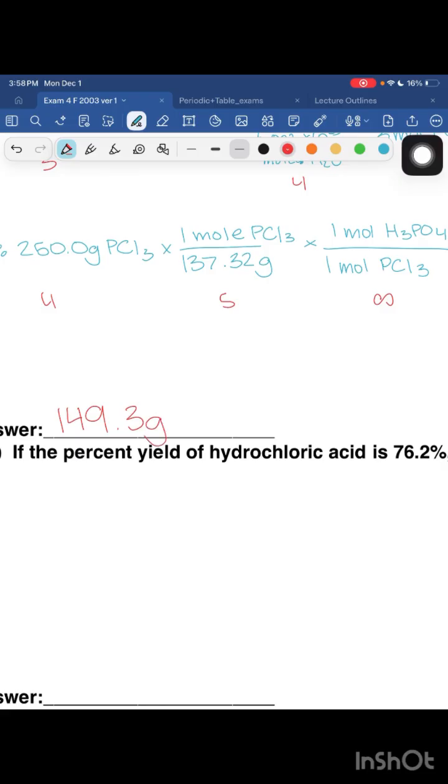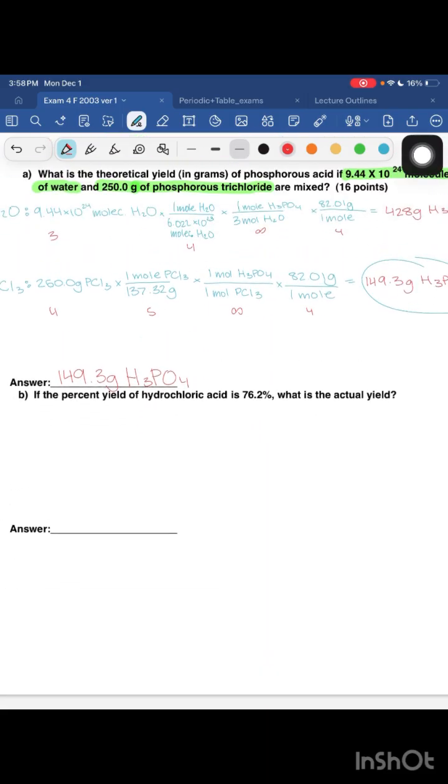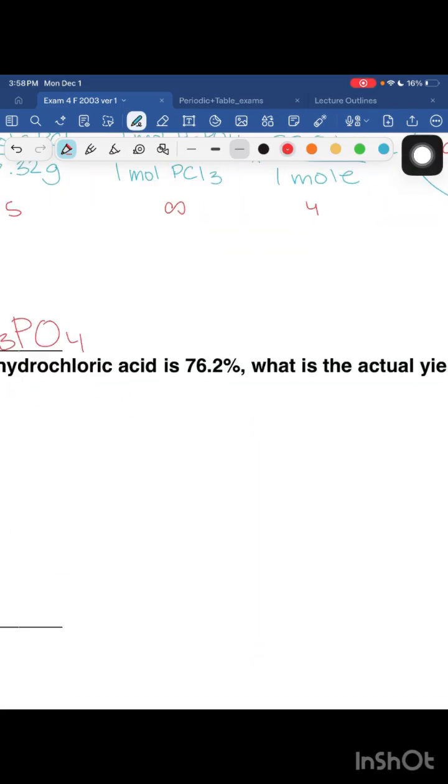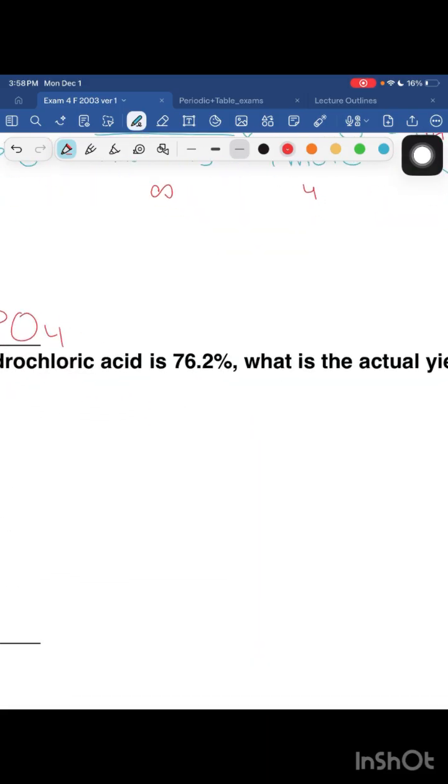149.3 grams of H3PO4. For the next one, it says if the percent yield is 76.2%, what is the actual yield? We're gonna take this and turn it into a conversion factor. So a percent is out of 100, right? If you got a 76.2%, then that's out of 100%.